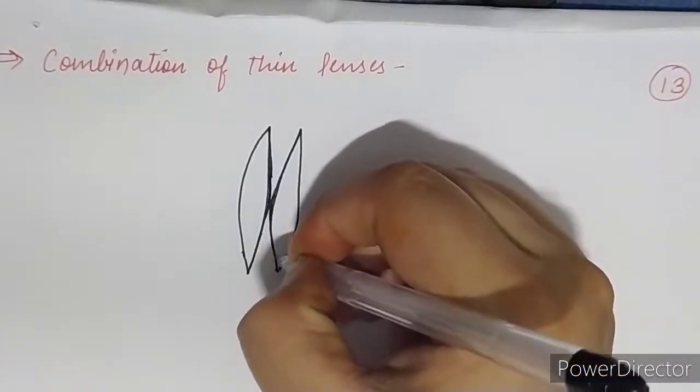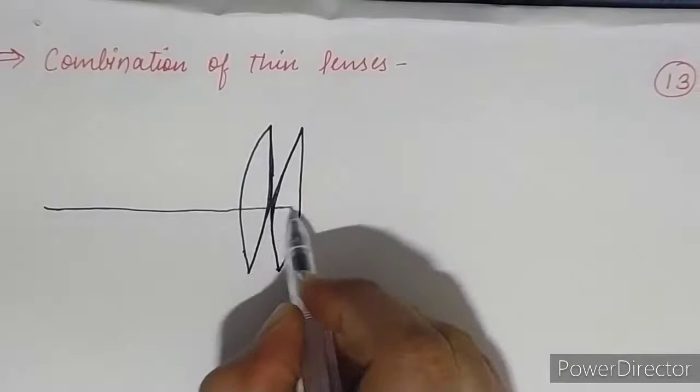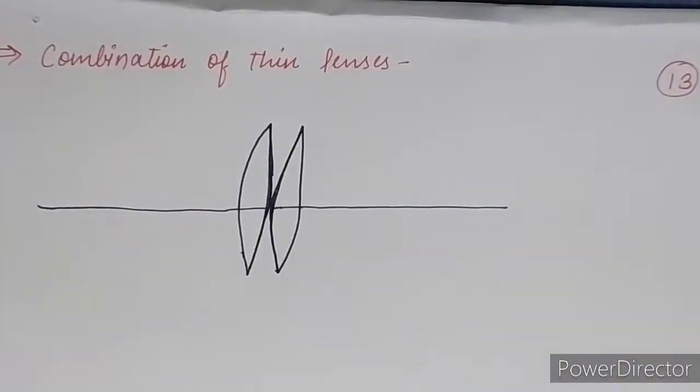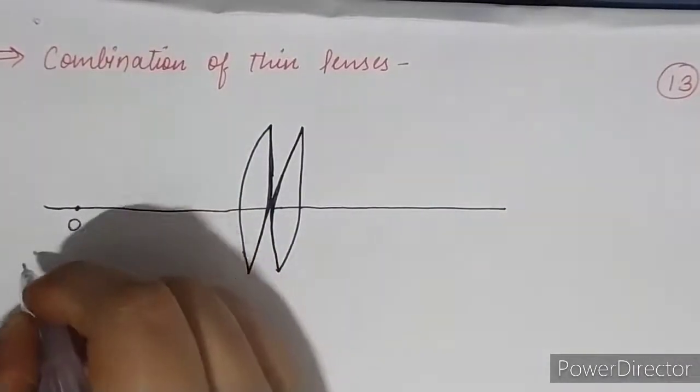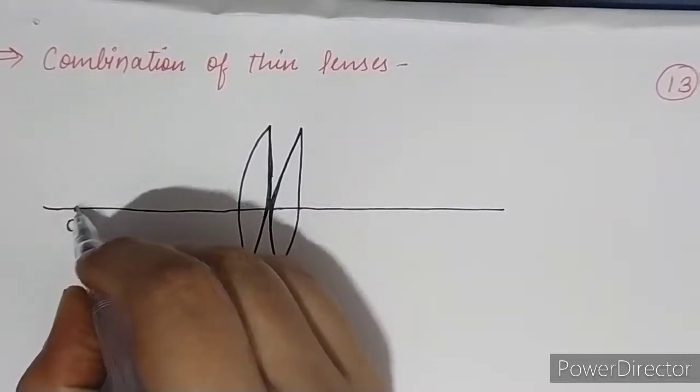Now a principal axis line is passing through it, and at a particular point O an object has been kept, and the incident ray is passing.